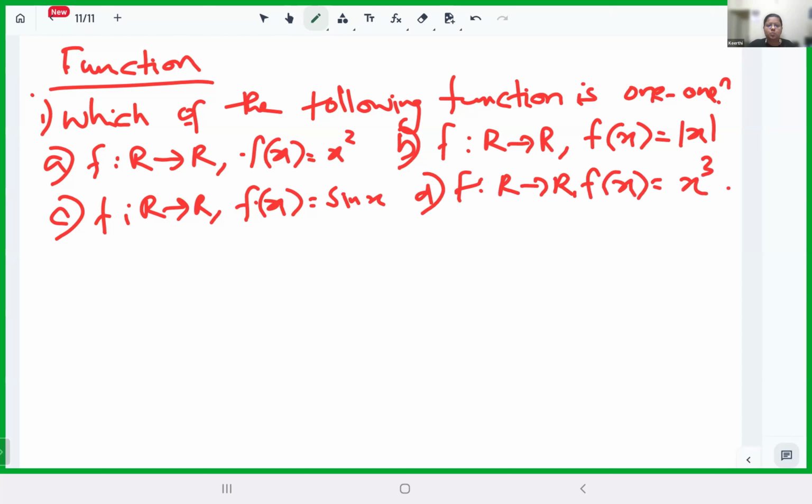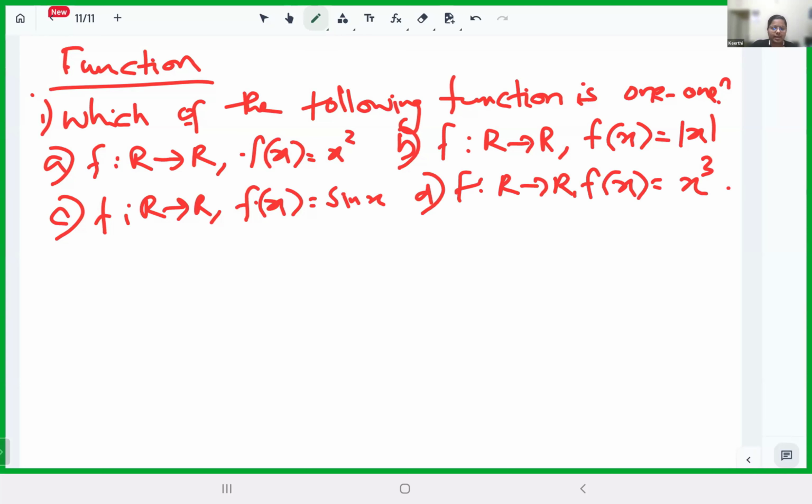So they are asking which function is 1-1. You have to check which of the following functions is 1-1.